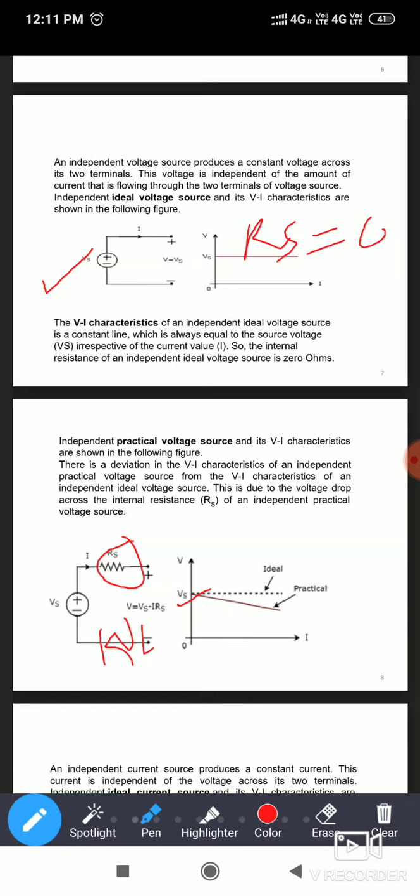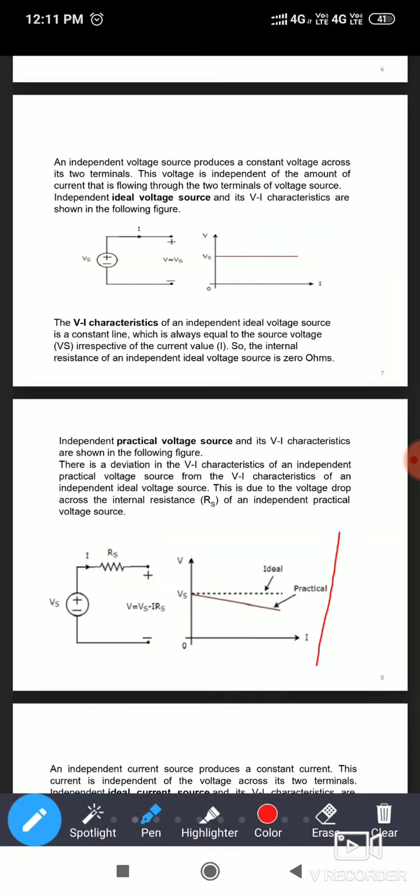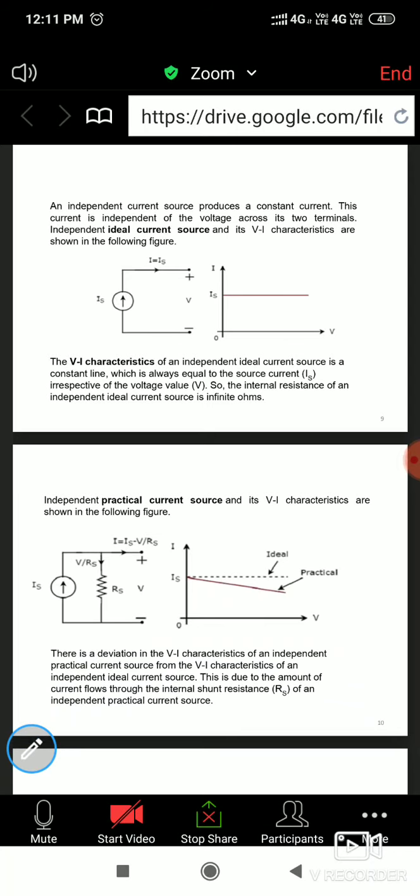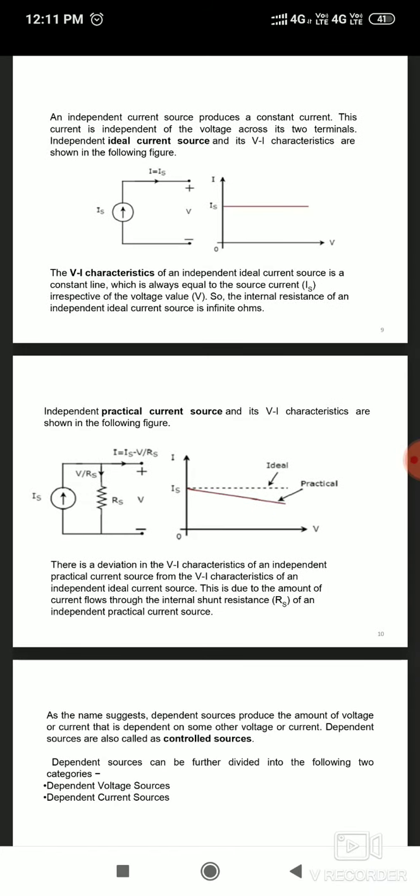This concept we require in the superposition theorem or any theorem which we are going to learn in unit number 1. Next, similarly, we have seen the current source. In the current source we again saw two types, ideal current source and practical current source. Same thing here, Rs is connected in parallel with the current source.